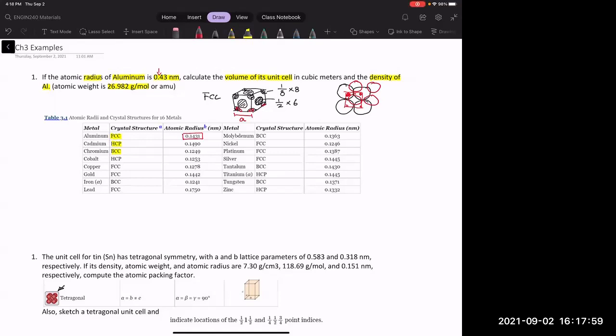Each family might have a different structure. FCC and BCC are what we call the cubic family. They all look like a cube, but the structure is different depending on how they arrange. This is an A, this is an A, this is an A. So the volume of the FCC is going to be A cubed.